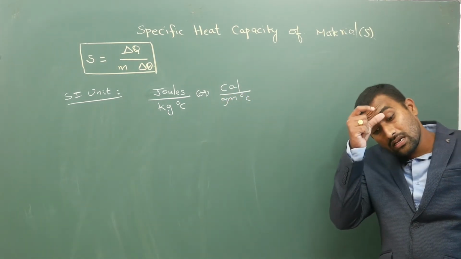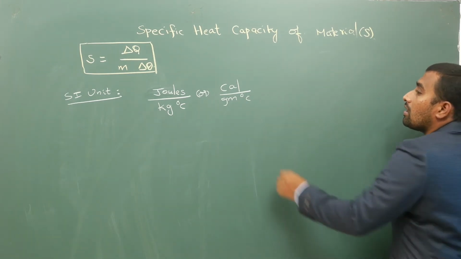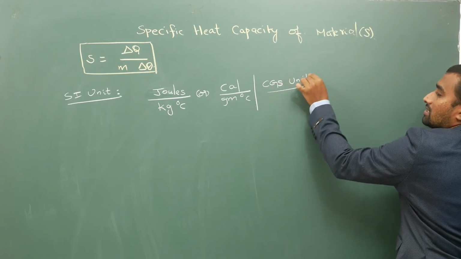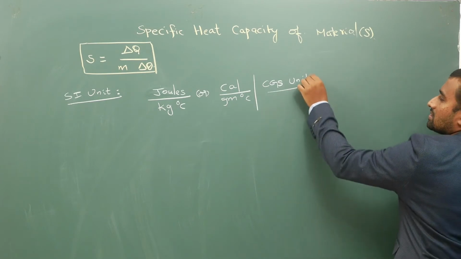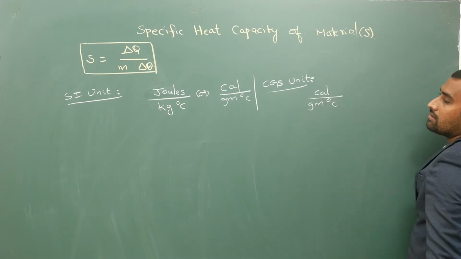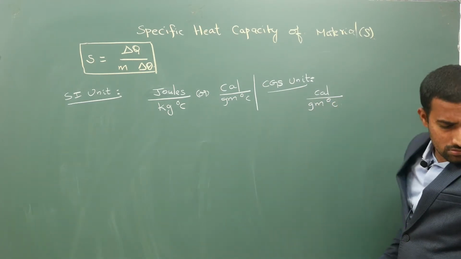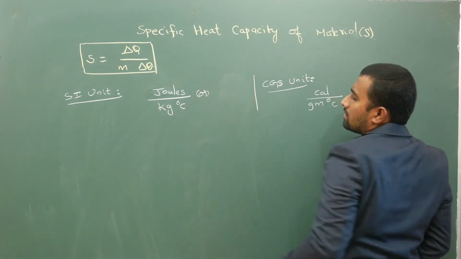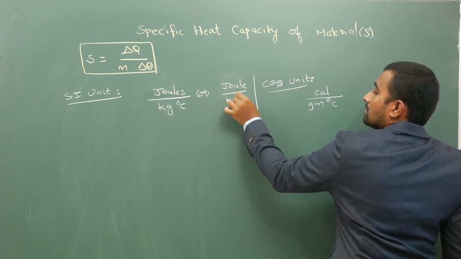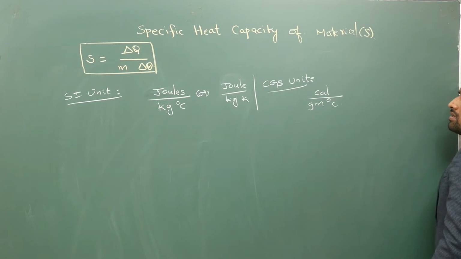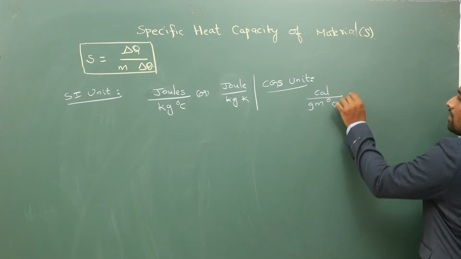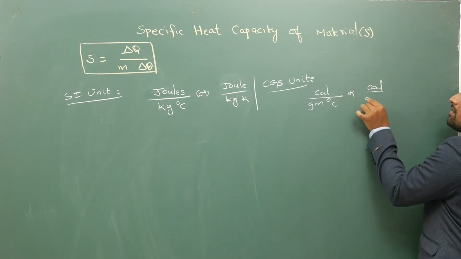Now if you talk of CGS unit, your CGS unit is calorie per gram degrees centigrade. Sorry, I have written it in the wrong manner. I should have written here joule per kg Kelvin. I just got carried away by a phone call. So CGS unit is calorie per gram degrees centigrade, or you can write it as calorie per gram Kelvin.